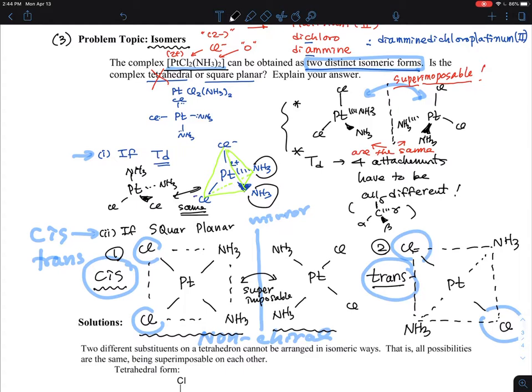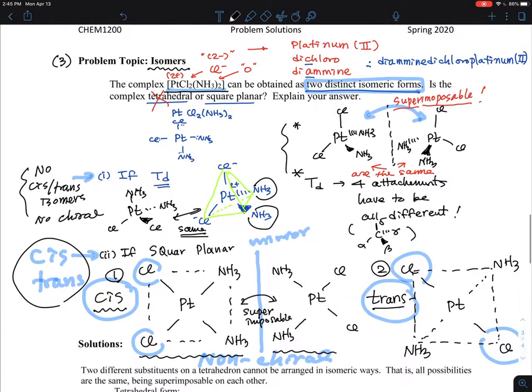So there is no chirality, that's for sure. So the answer is the distinct isomeric forms of cis and trans. We call this geometric cis and trans isomers, geometric isomers. Okay, so that's possible.